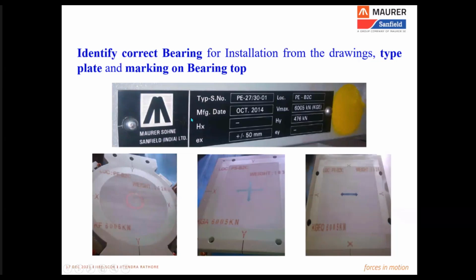Then selecting the right bearing for installing at the right location is very important. As we have seen in a few slides, there are three configurations of bearings: fixed, a free one which can move in both directions, and a guided one which can move only in one direction. In the layout plan of the bearings in a bridge, there will be pre-decided locations where you have to place fixed, where you have to place free, and where you have to place a guided one.